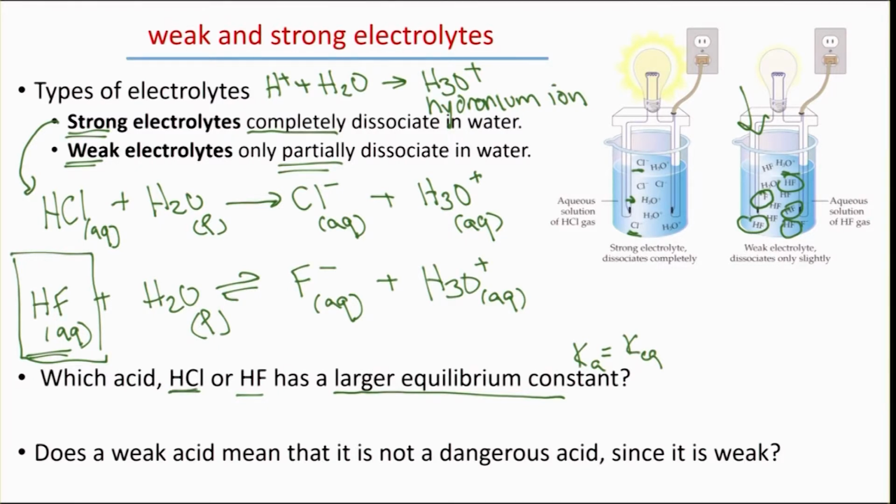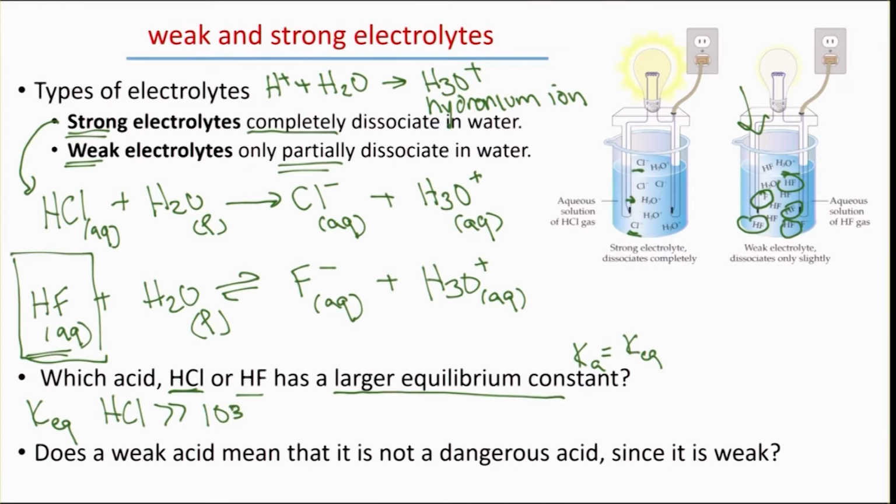Well, since HCl is a strong acid and it lies completely to the right, the K equilibrium for HCl is much, much greater than 10 to the positive third, which we said is what happens when it lies to the right-hand side.